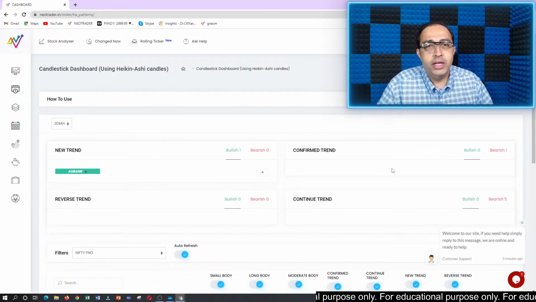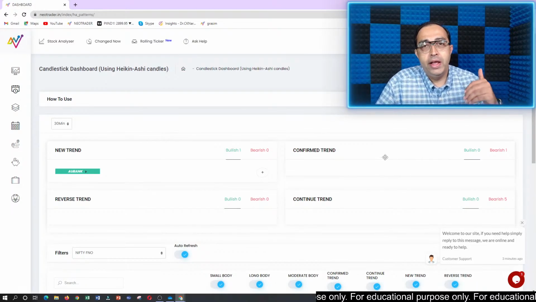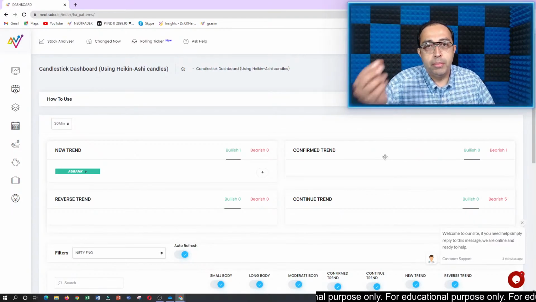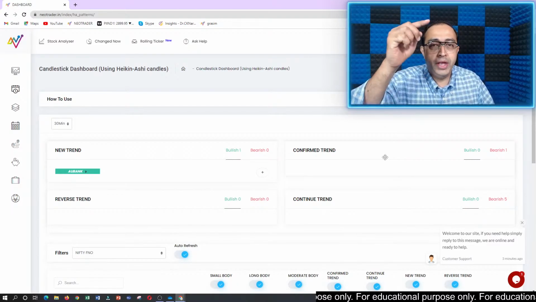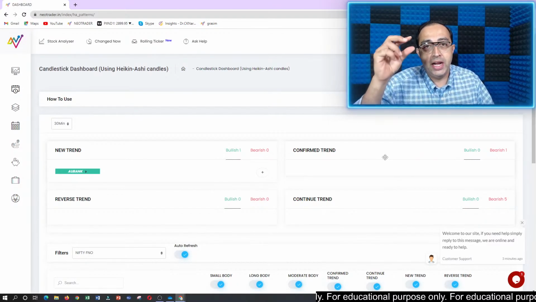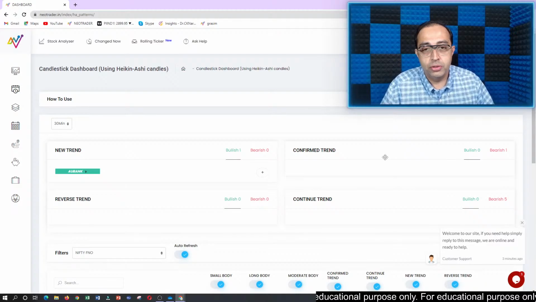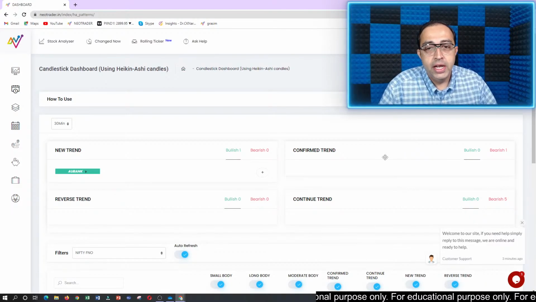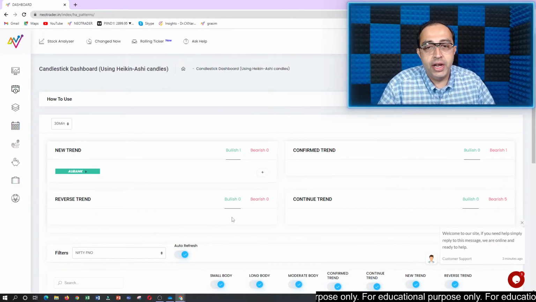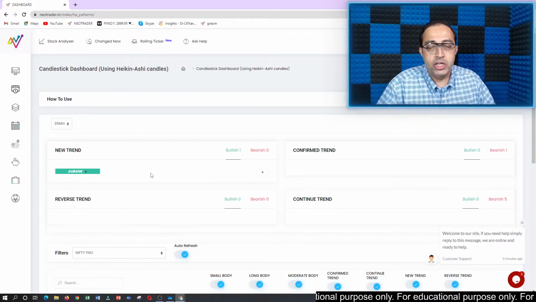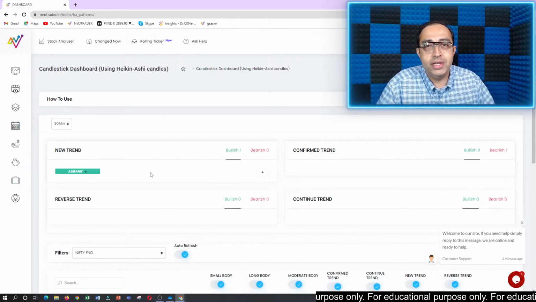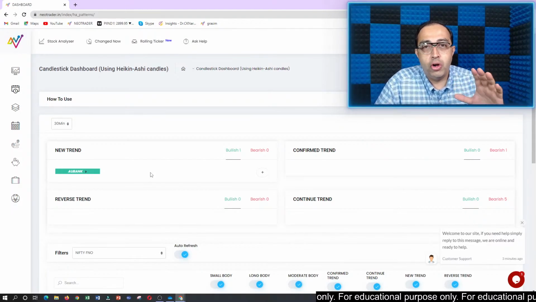You got something called confirmed trend, where a trend which is ongoing is confirmed. If it's bullish, the candles have a shadow on the upside. If it's bearish, the candles have a shadow to the downside. So that's where the confirmed trend is. And then you got reverse trend, and then you got trend continued.